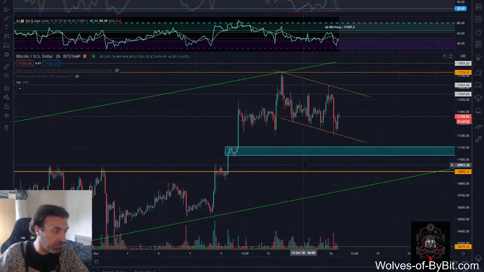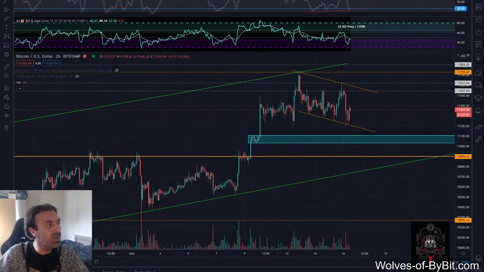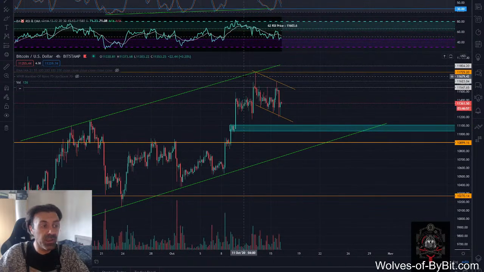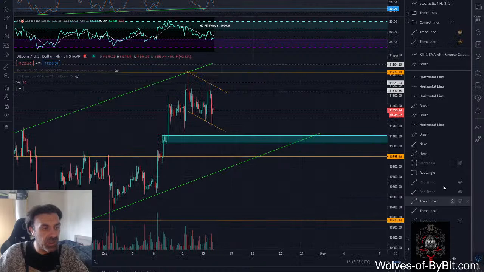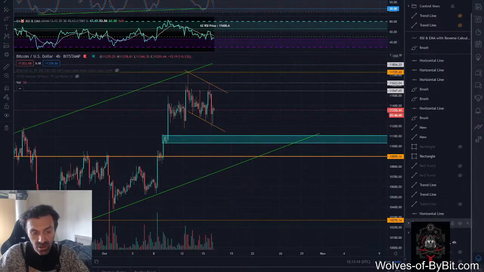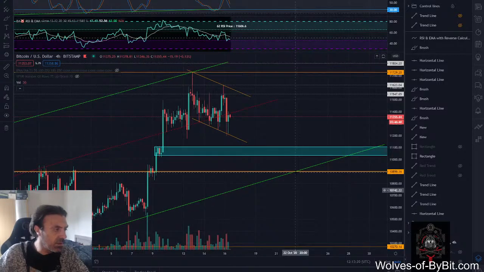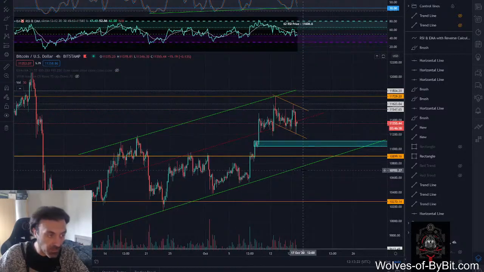Now on the longer term, let's go a little bit further out, because like I said, I like to go from lower time frames to higher time frames to all sorts of time frames. And there we go, we have our median line back into play.